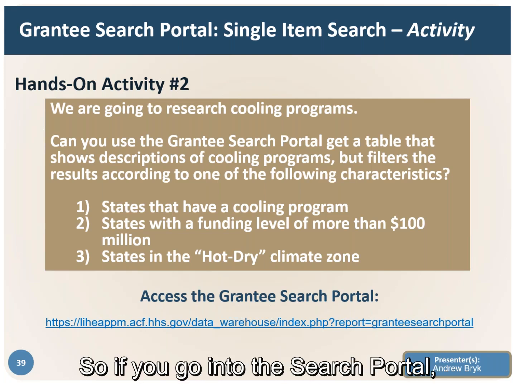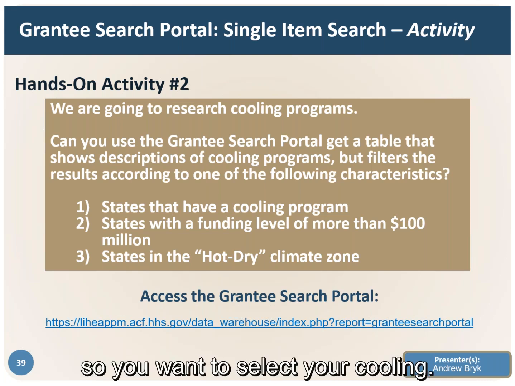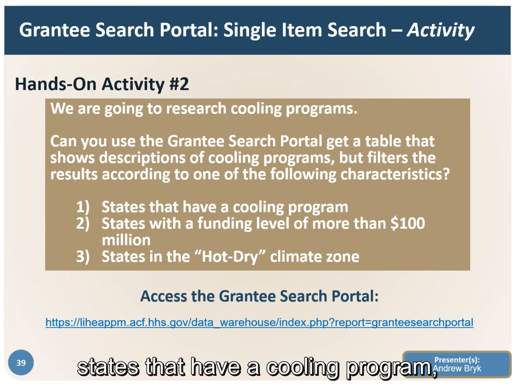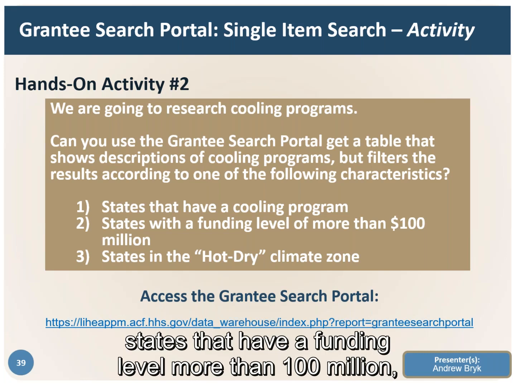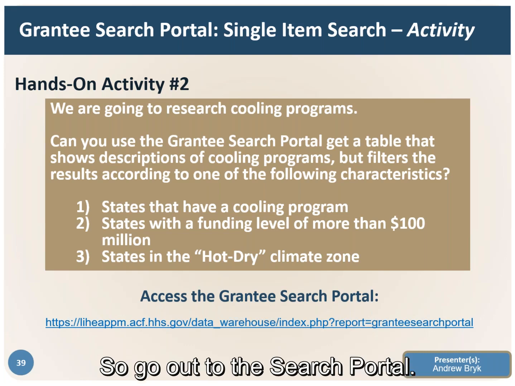So if you go into the search portal, you want to research cooling, so you want to select cooling. You want to go in and filter states that have a cooling program, states that have a funding level more than 100 million, states in a hot, dry climate. So go out to the search portal.